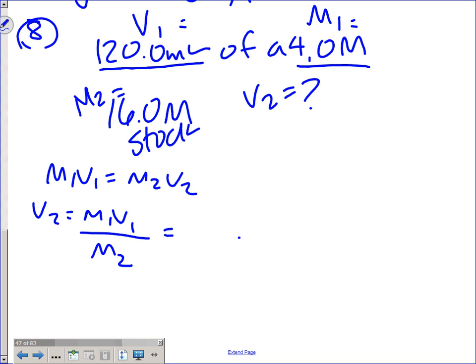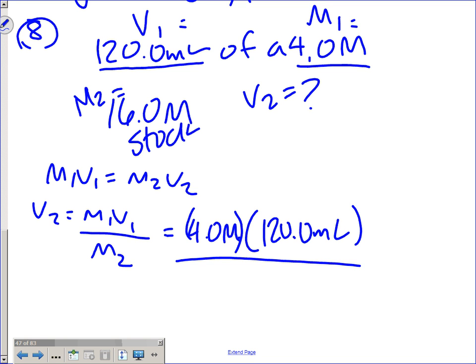So, plugging in 4 molar and 120 milliliters divided by 16 molar, and molarities, like we said, will always cancel in this case. So what's our final answer here? 30. Yeah, 1/4 of 120. So 30 milliliters here.